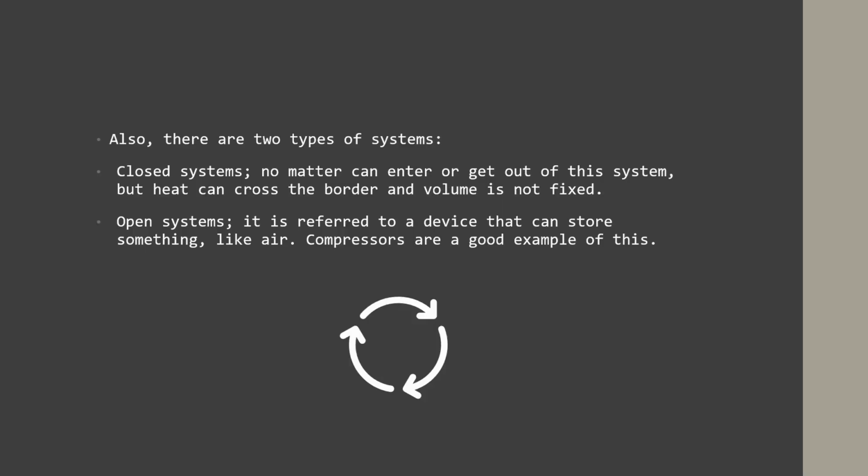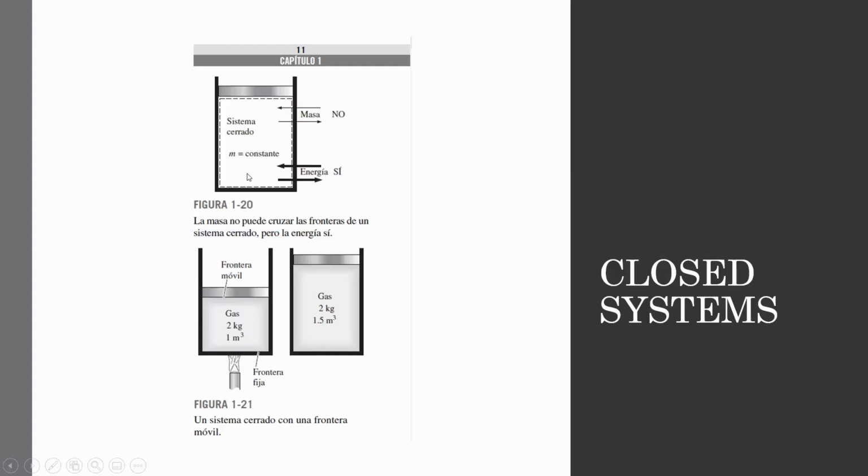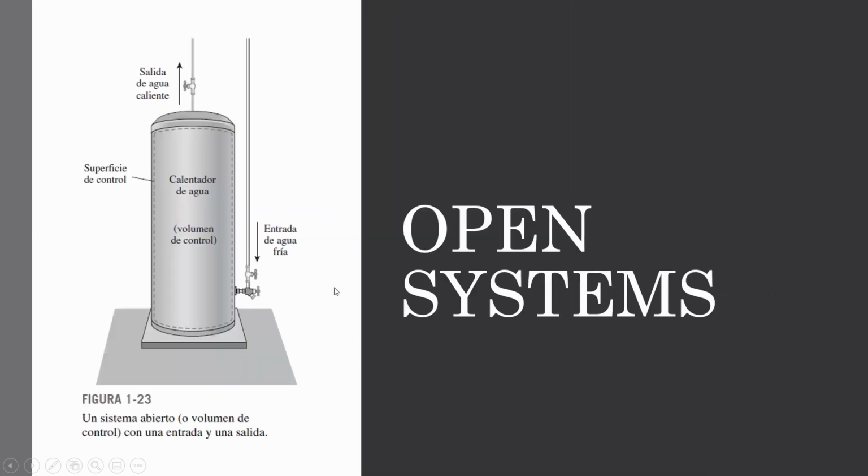So also there are two types of systems, closed systems and open systems, and I don't think this needs a lot of explanation, but a closed system is something like this. No matter what, nothing can get inside, but energy can cross the border and volume can change inside this closed system.